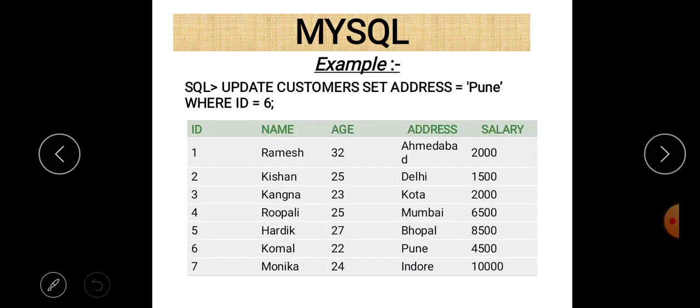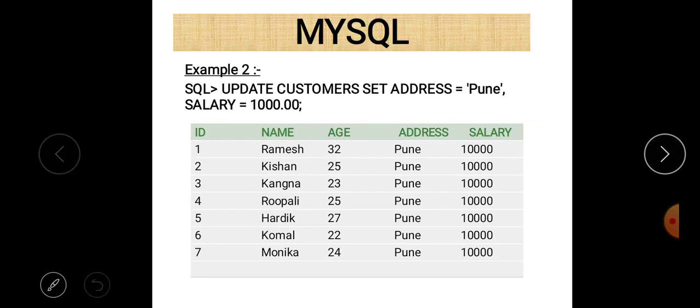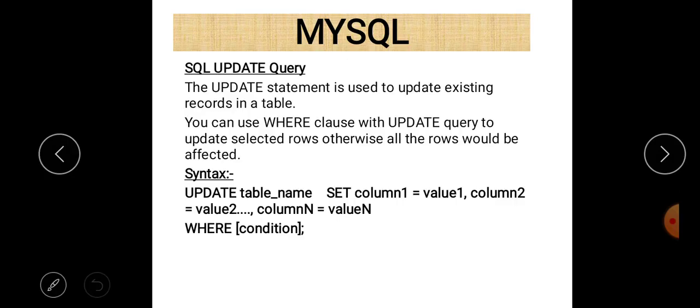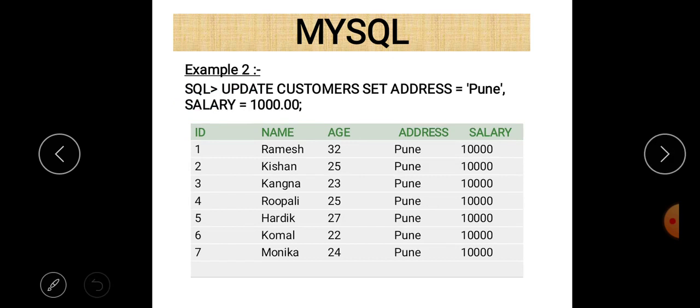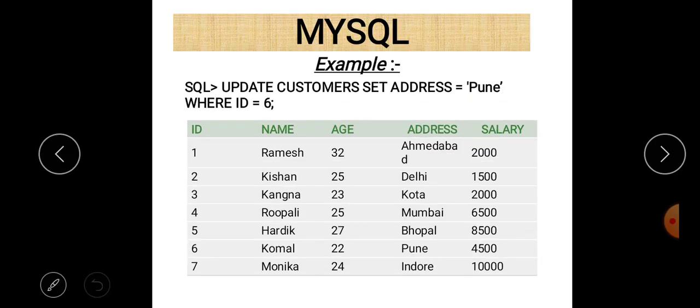For that purpose we use the WHERE condition: WHERE ID = 6. So after the execution of the statement, that is our output: UPDATE customer SET address = 'Pune'.